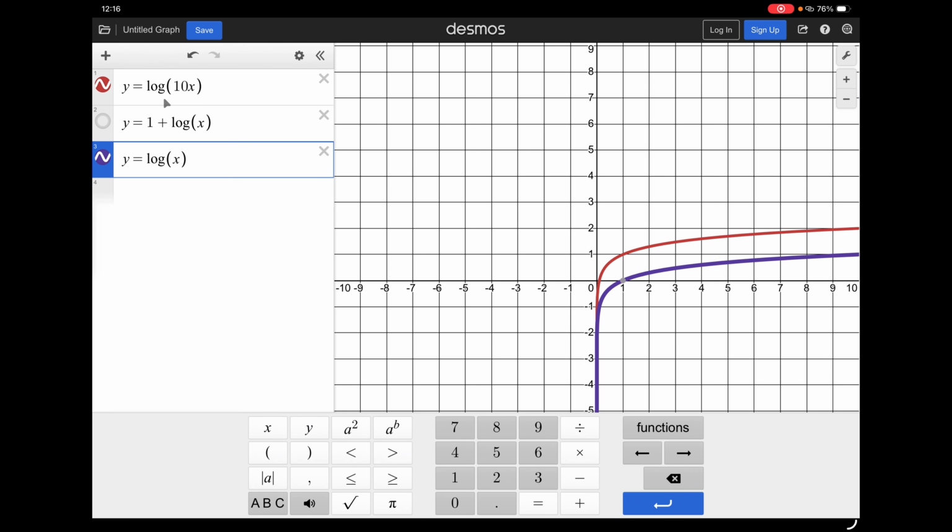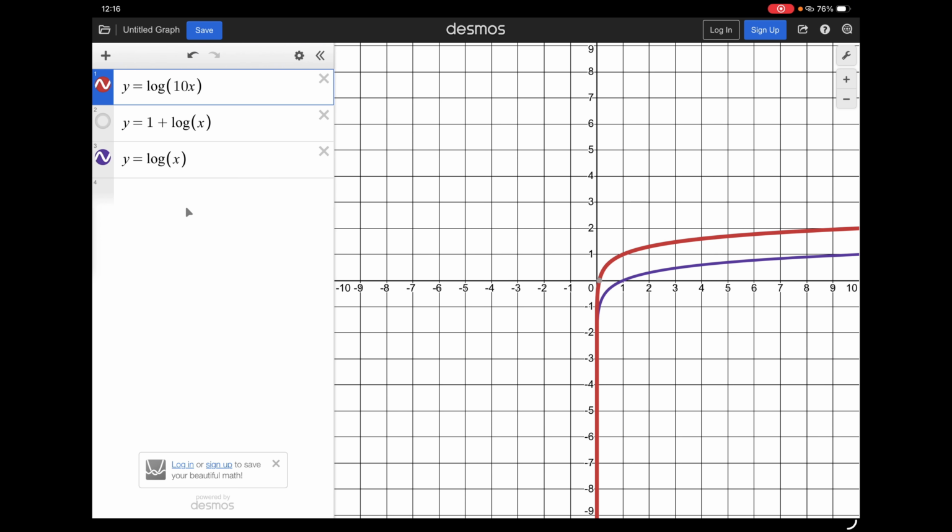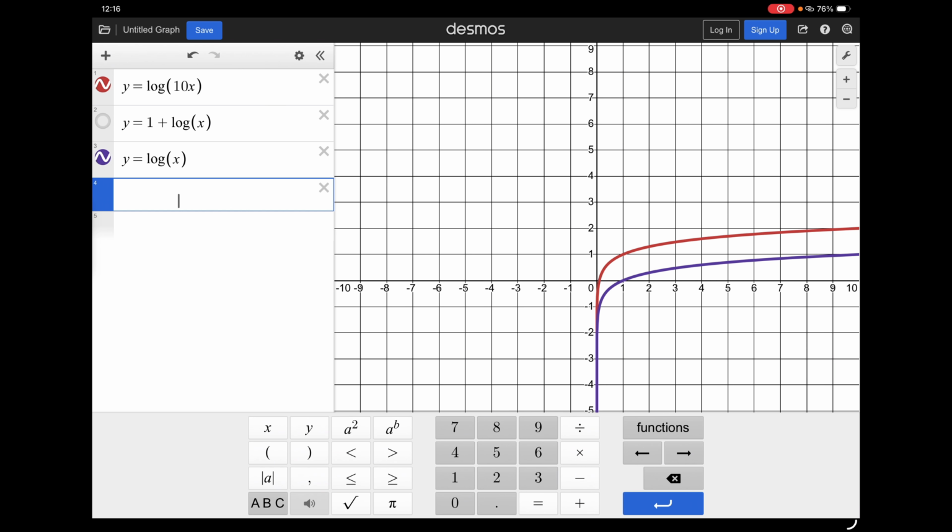Notice that we have y of 10 times x, which is this one right here, and the original one like this. Notice how this point has been moved up to this location, the point 1, 1. So that's that point right there.